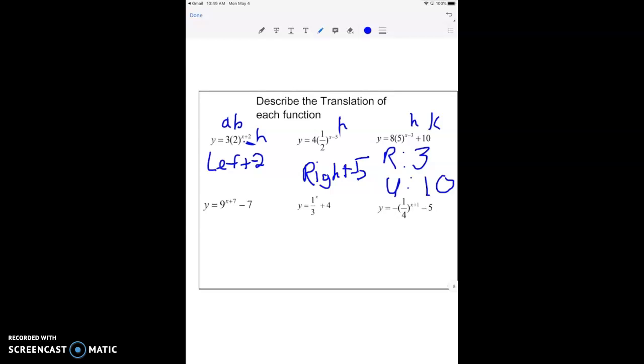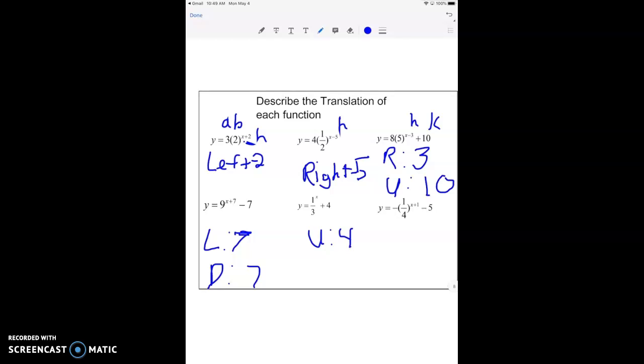Same thing over here. I see h and I see k again. So how does it shift? Opposite of h, same as k. Opposite of h would be left 7, and then down 7. Here, there's no h, so there's no horizontal shift, but there is a k, which is up 4.